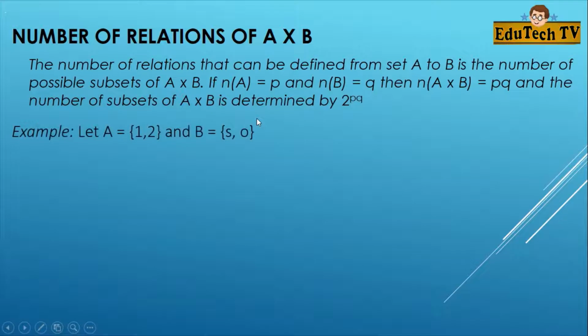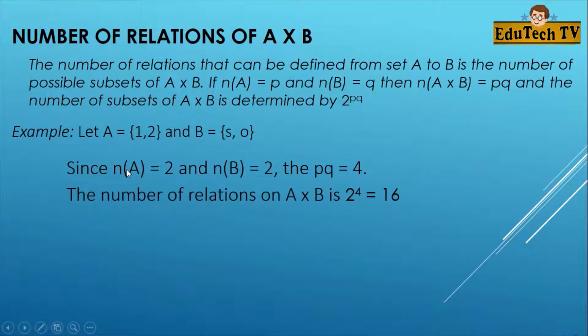So, for example, let A equal 1, 2, and B is also a set of two elements. Since the cardinality of A is 2 and the cardinality of B is 2, then PQ equals 4. So we have to multiply the cardinality of each set. And therefore, the number of relations on A times B is 2 raised to 4 using the formula. So it's also equal to 16.